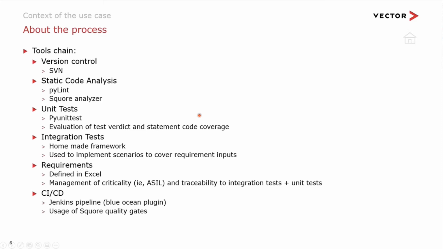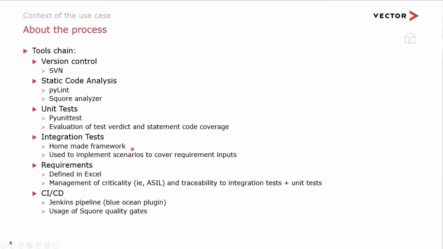So let's see what we have in this tool chain. We, of course, have a version control system. We apply static code analysis as you are doing. It's a Python project, so we are using PyLint and Squore analyzers. We don't have any Mistral checker for this context of Python. We do have unit tests using the PyUnit test framework, and we import in Squore the statement code coverage and the test verdicts.